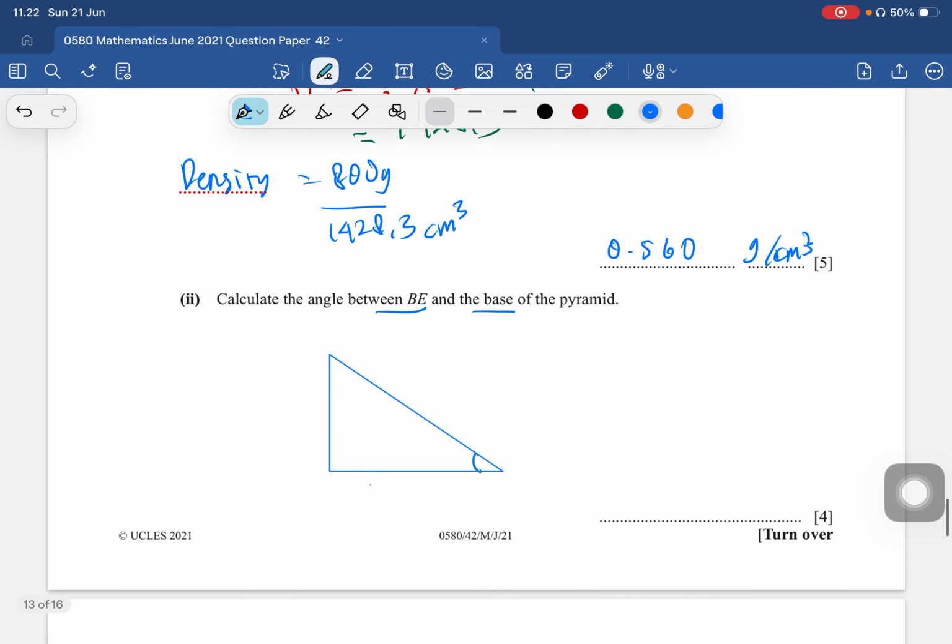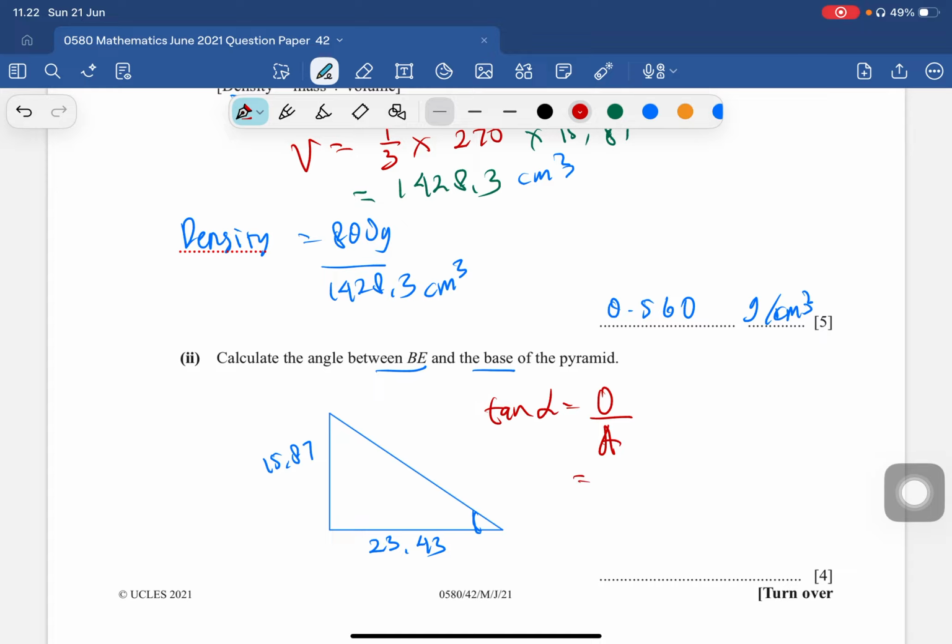To find this angle, we got the opposite and the adjacent. So we can use tan. Tan angle equal to opposite divided by the adjacent. Opposite is 15.87, adjacent is 23.43. Can use the inverse. So tan inverse of 15.87 divided by 23.43 equal to the angle.